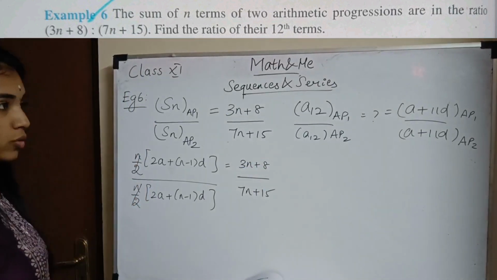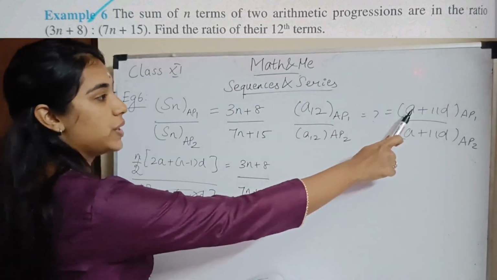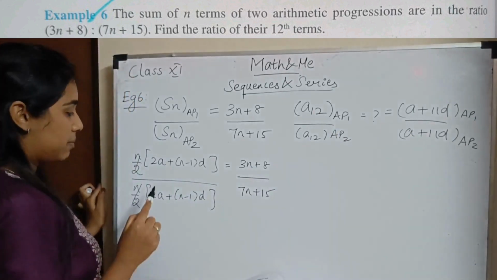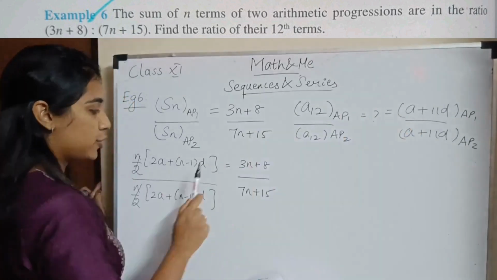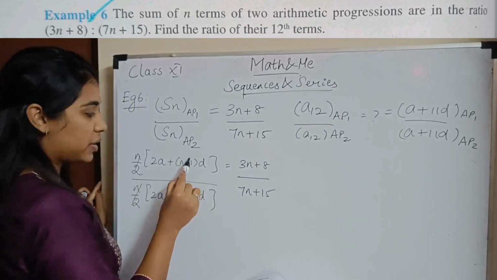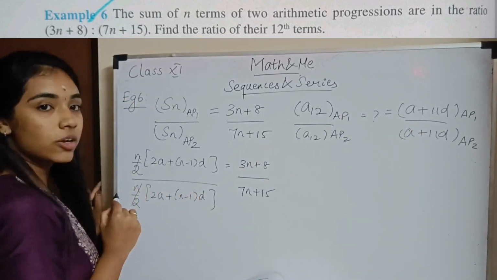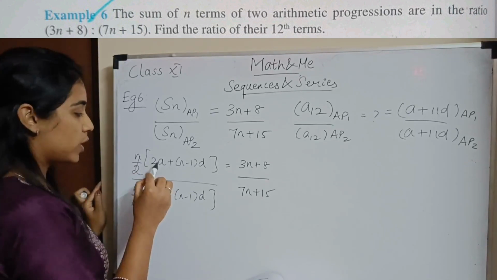The n by 2 and the n by 2 go off. So what do you need? You need A plus 11D. But what is the coefficient of A here? It is 2. You need 11 with it, but only when you have 22 here can you take out the 2 in common and cancel the 2s. You will have A plus 11D.